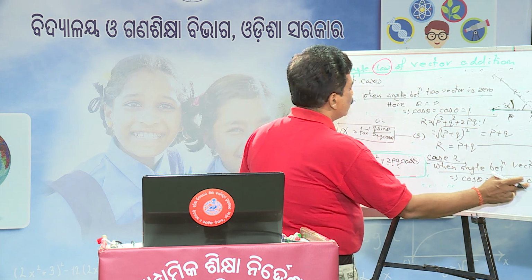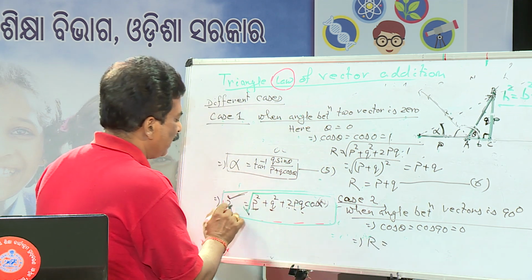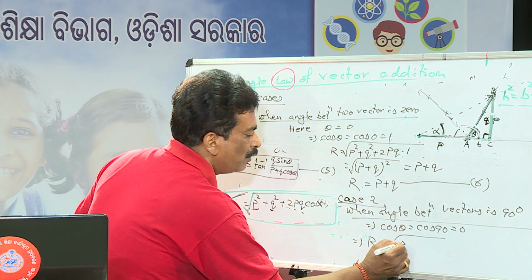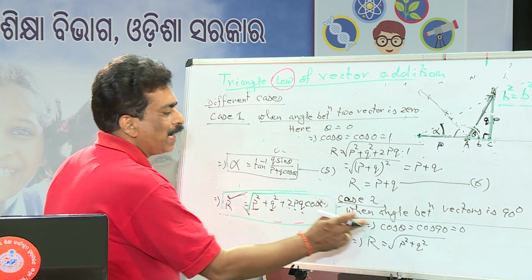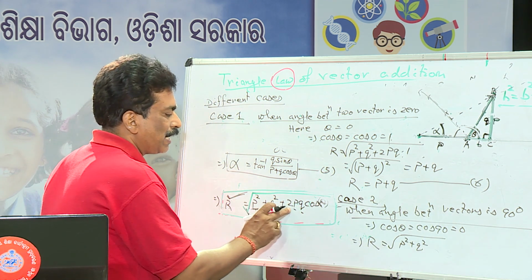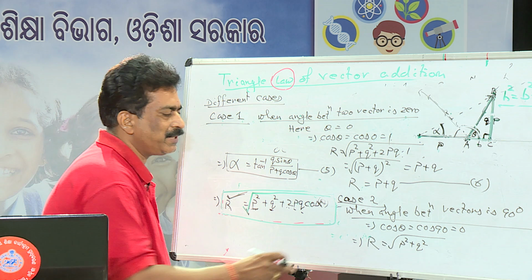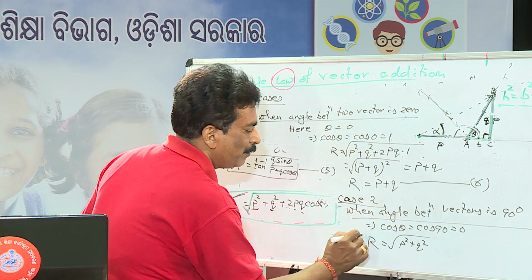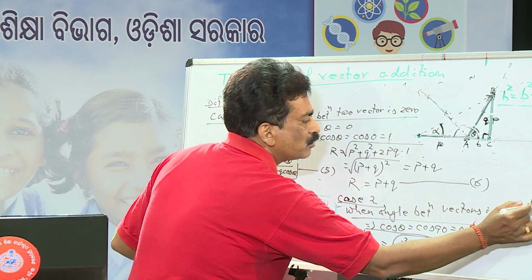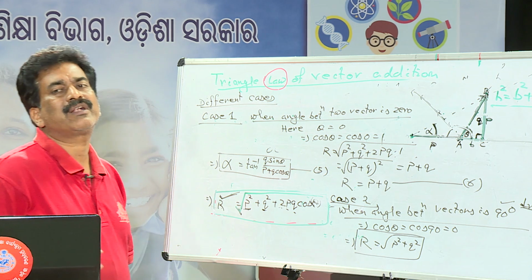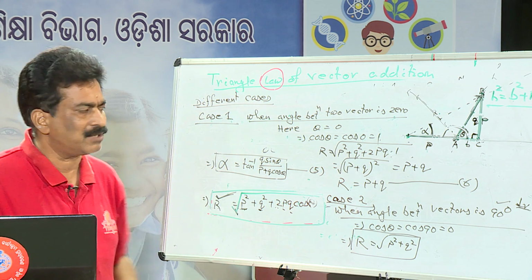When cos 90 is equal to 0, if we put the value in equation 4, then R is equal to root over P square plus Q square plus 2PQ cos theta. But cos theta is equal to 0, so 2PQ into cos 0 is 0, and 0 plus anything is the same thing, so P square plus Q square will remain. So when theta is equal to 90, meaning the two vectors are perpendicular, the resultant R is equal to root over P square plus Q square.